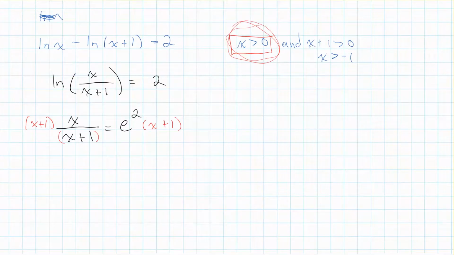Okay, so then the x plus 1's cancel, and you'd have x is equal to e squared times x plus 1.